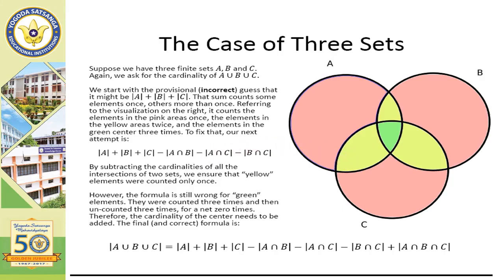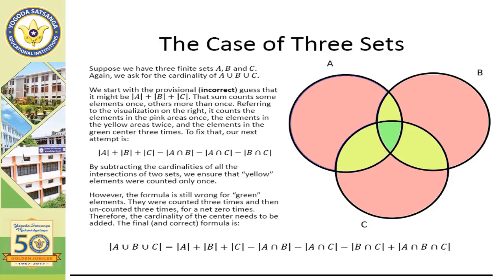By subtracting A intersection B, A intersection C, B intersection C, we have subtracted the green value thrice, since A intersection B contains these elements, B intersection C also contains this, and A intersection C contains all the green value. So when we subtract from the total number of elements in the sets, we subtract thrice the green portion.